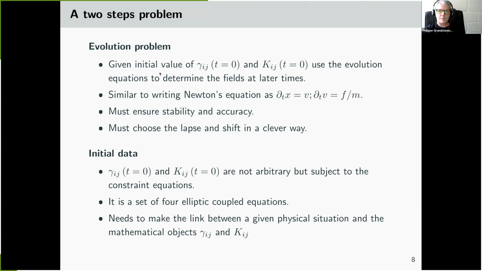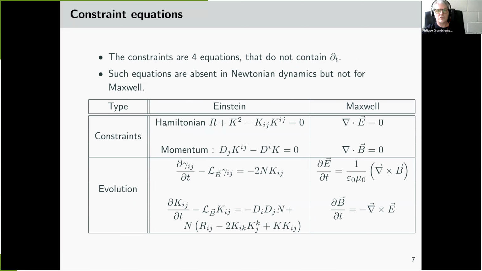I will not discuss this part here, but that's not the end of the story. Actually, that's not the beginning of the story, because at the beginning you must solve the initial data problem, meaning you must solve these two constraint equations.